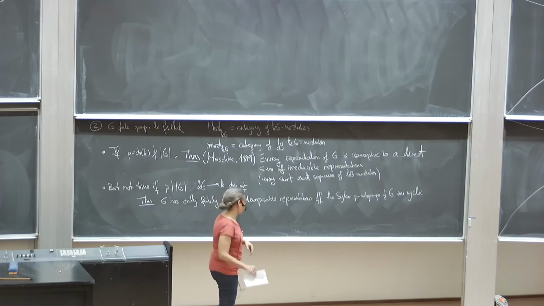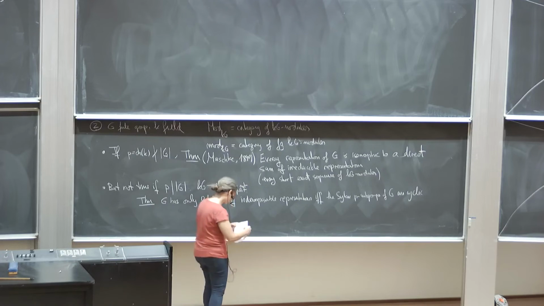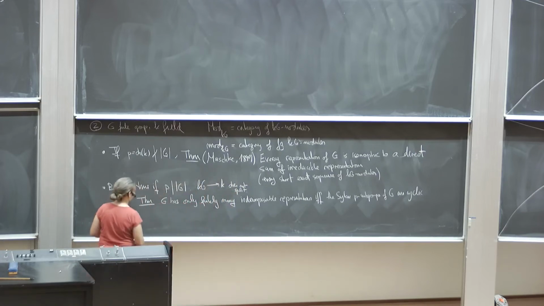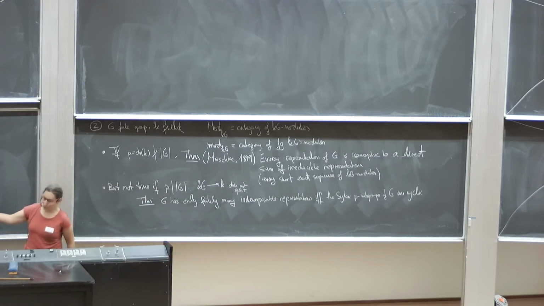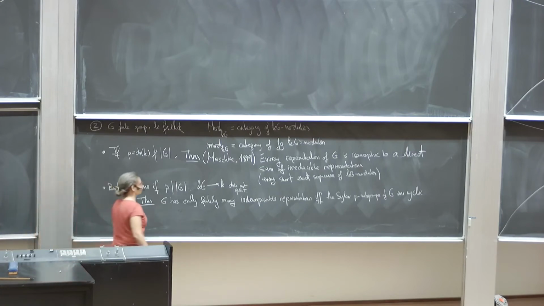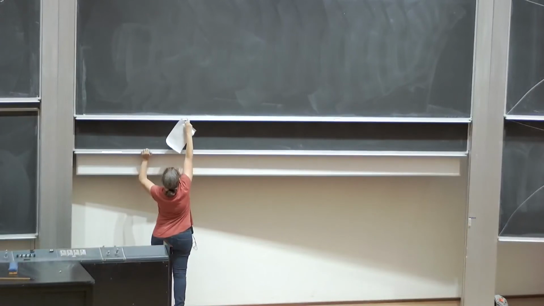But apart from that, this is wild representation theory. Okay? So the idea is to somehow use what we learned from stable homotopy theory and try to construct a framework in which we can play a similar game.